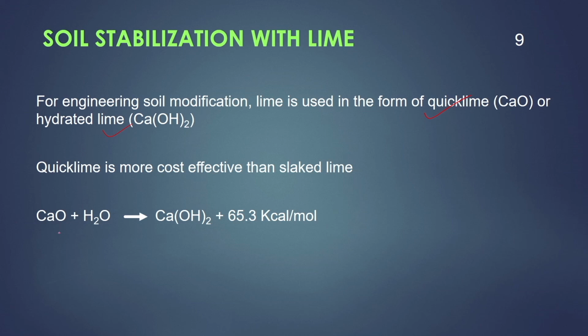When quicklime or calcium oxide reacts with water, it forms calcium hydroxide or hydrated lime along with heat. This heat will remove the water from the soil, thereby binding the particles together, and we gain some strength because of this. Quicklime is more effective in comparison to slaked lime or hydrated lime, and quicklime is generally used for soil stabilization in the field.